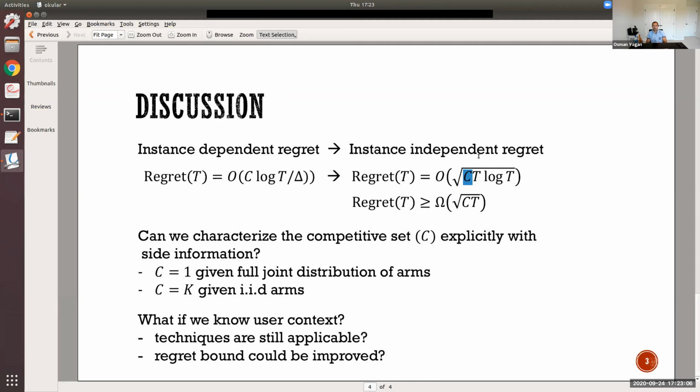The second question is about the competitive set explicitly with side information. If I know the problem, like the reward mappings, and I know theta, I can exactly tell you what the set of competitive arms is. But are you looking for something more explicit? It's really about taking the inverse mapping.